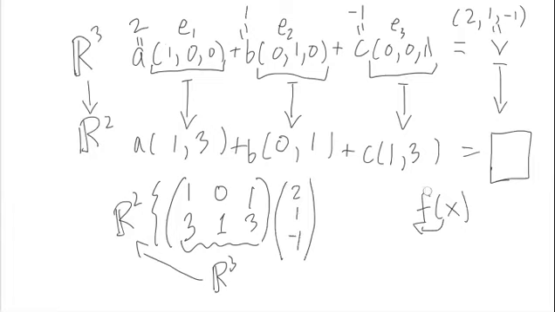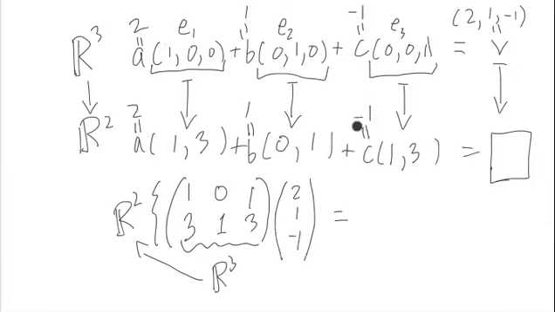Let's see what our output would be. Well, this tells us exactly what the output is. It's basically 2 times this guy, 1 times that guy, -1 times that guy. In our particular case, that's 2, that's 1, and that's -1.